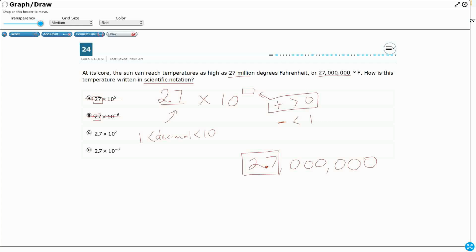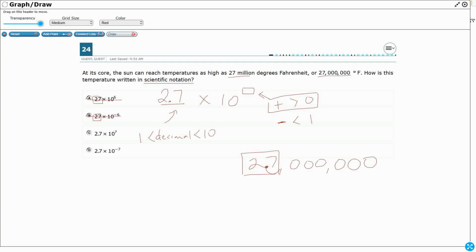Second part is the zeros. Now, if we're just counting zeros, how many zeros are we going to get? 1, 2, 3, 4, 5, 6. Okay. But we need to think, if we multiply this by how many tens, how are we going to get that 2.7 to go back to 27 million, right? Every time we multiply by 10, we shift the decimal place once to the right.